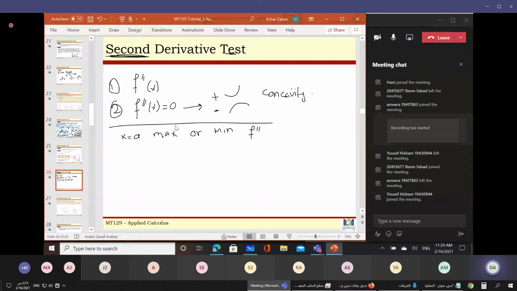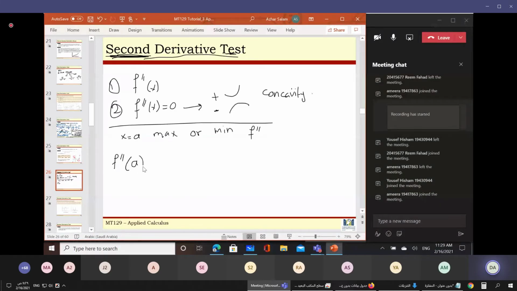I will make the second derivative test. I will find f double dash at this point a. Okay, a is a critical point.